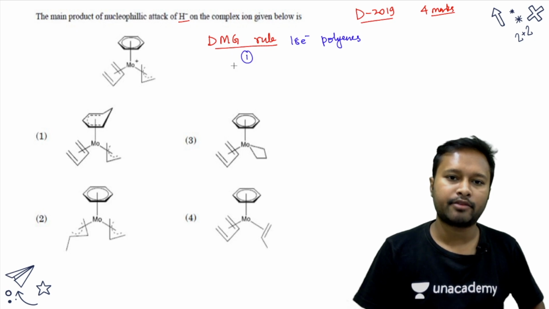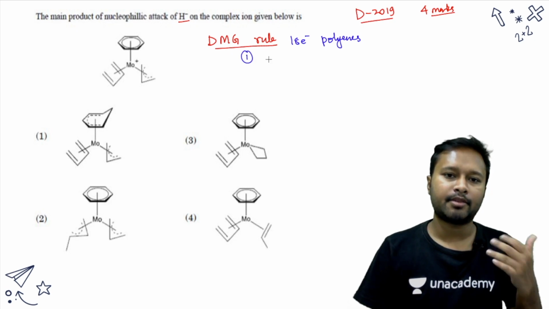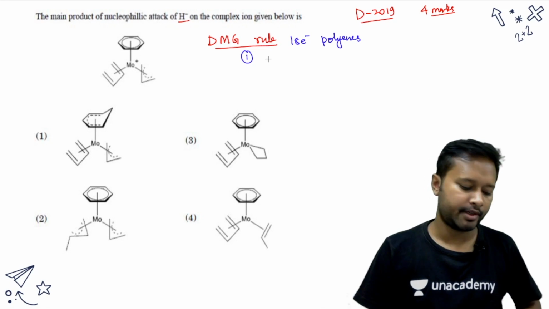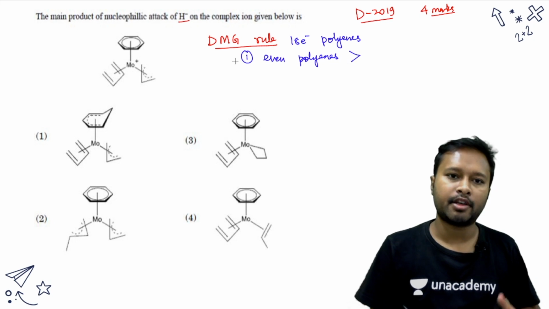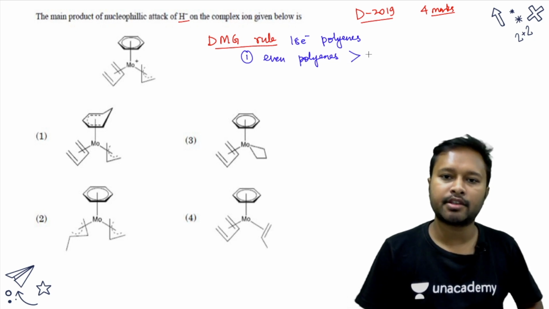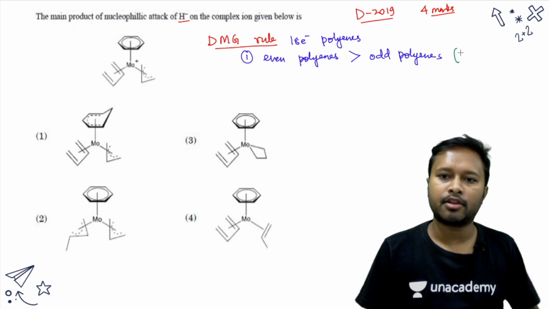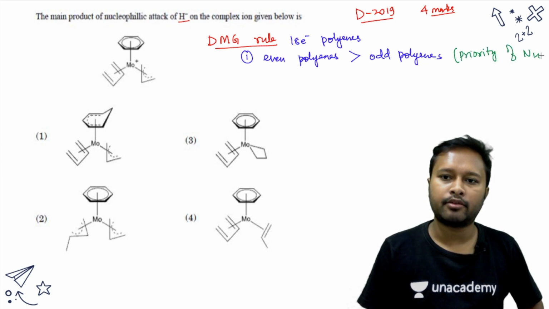Now there are 2 parts of it. The first part of the rule says that even polyenes will undergo nucleophilic attack much faster as compared to odd polyenes. So this first rule tells you about who goes first, the priority of nucleophilic attack.